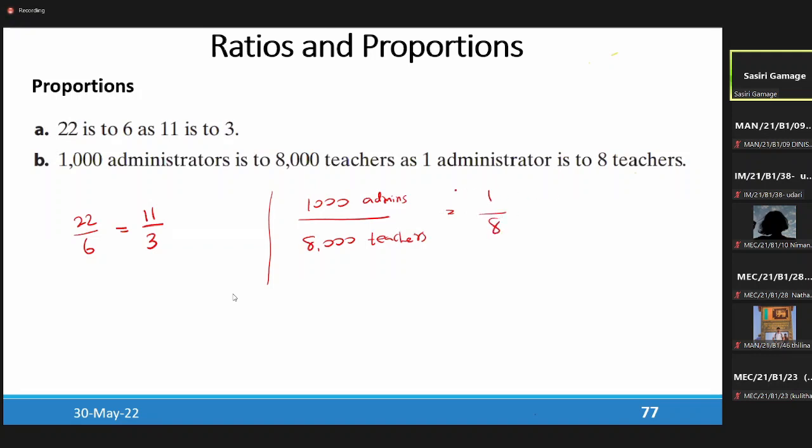That means for one admin there are 8 teachers. These are proportions.